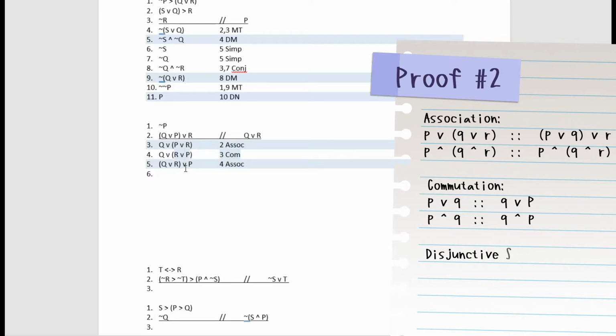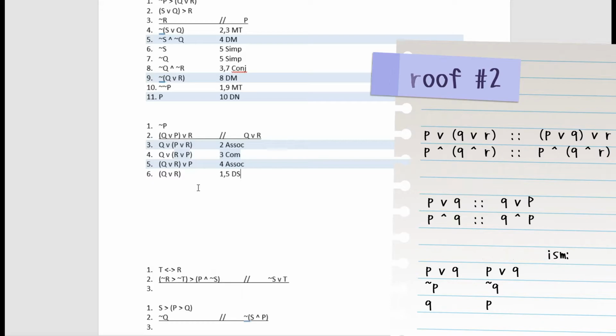Disjunctive syllogism only works on disjuncts. It's if you have the negation of either side, you get the positive of the other side. So Q or R by 1, 5, DS. Bam, done.